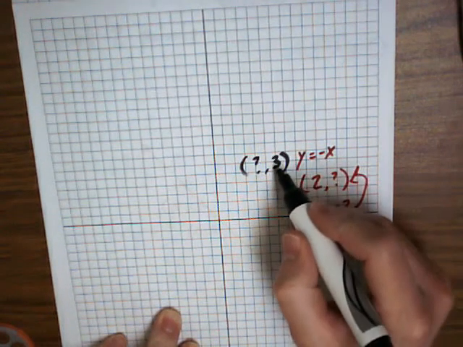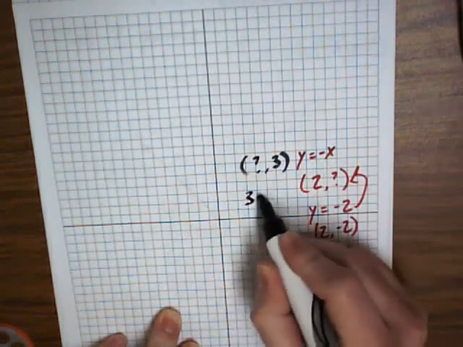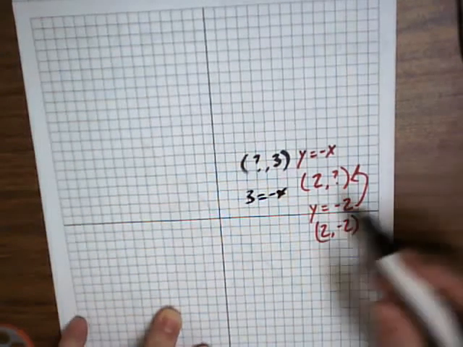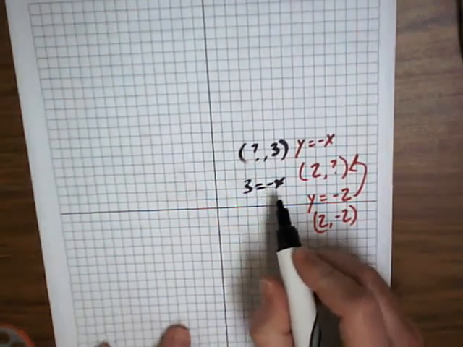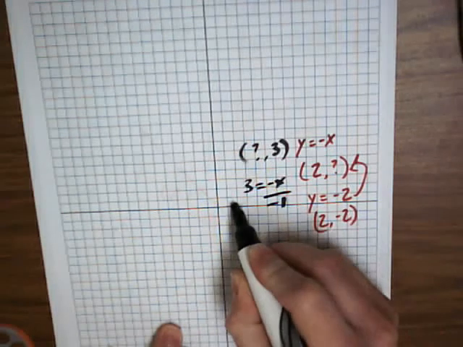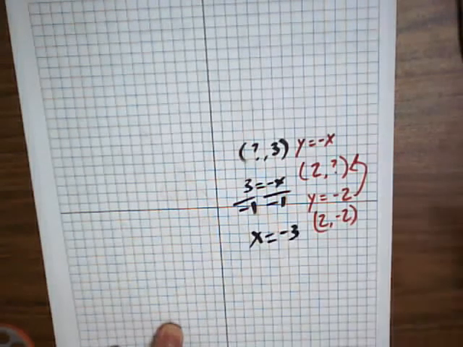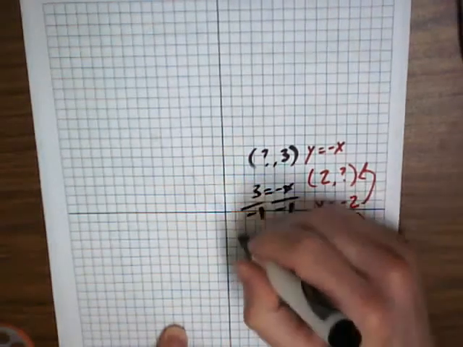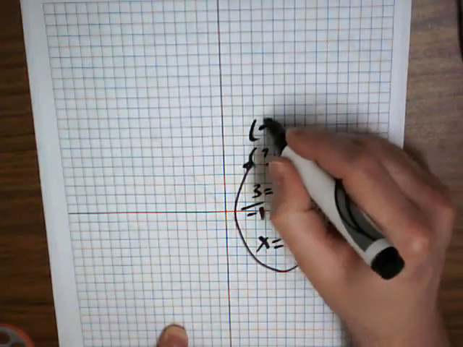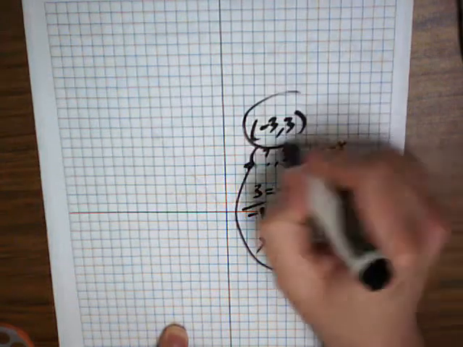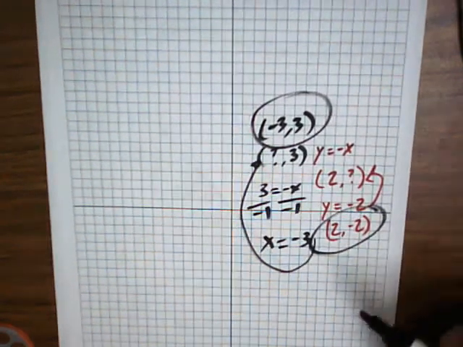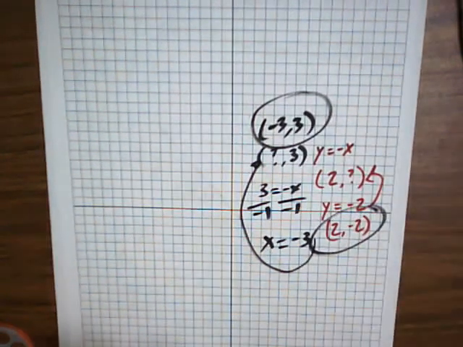So okay, we picked y as 3, so you plug it in. And how would you solve for x here? You'd have to divide by negative, right? So what's your x value? Negative 3. So you're going to put that back in. So negative 3, 3. Now you've got 2 points, and you can plot those 2 points.